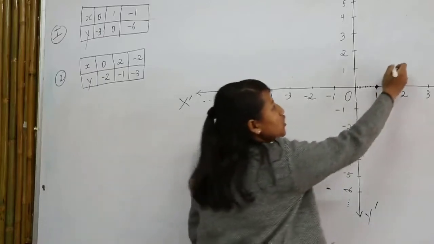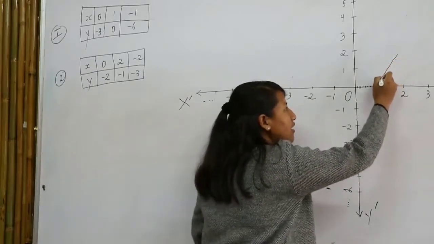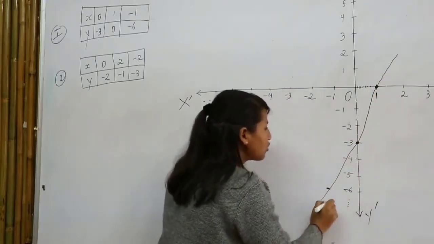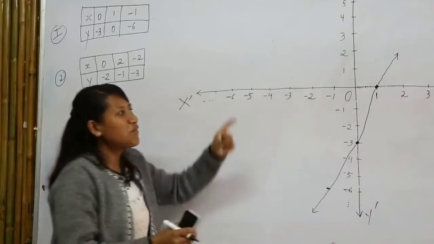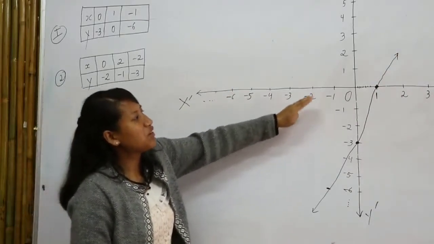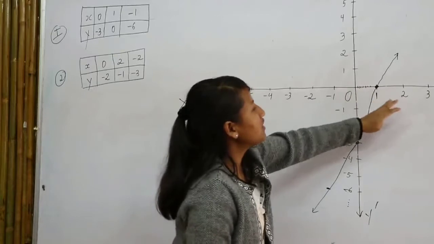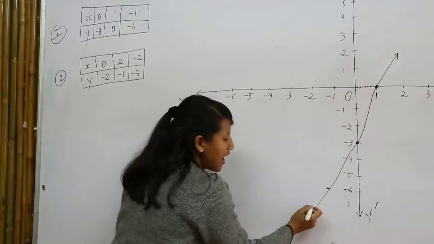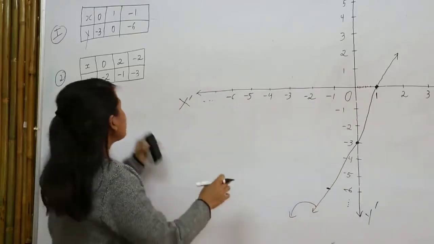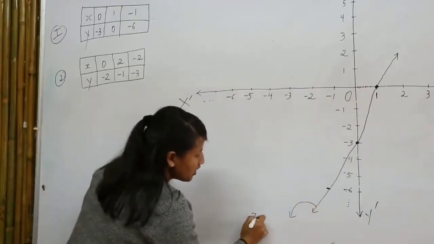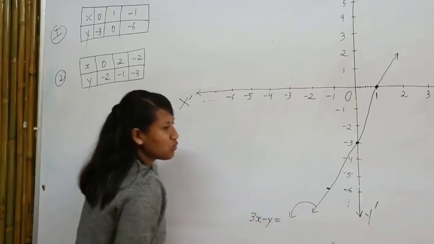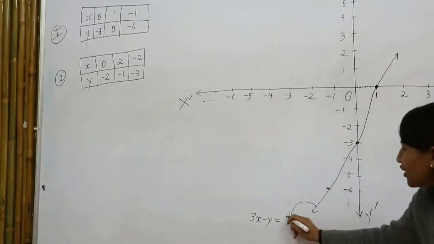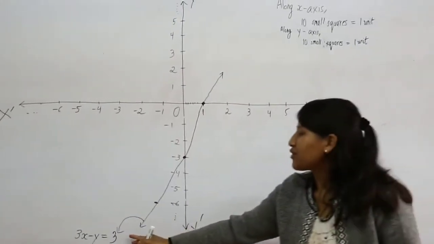So you join this, and with the help of a scale, the graph paper being perfect, the way they divide the scale exactly 10, you get a straight line. After this, you write this one. This represents 3x minus y equal to 3. So write this one.